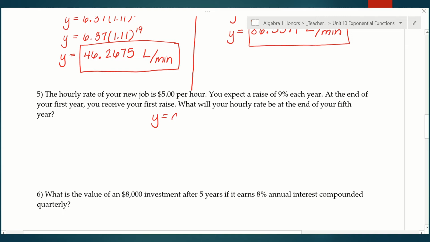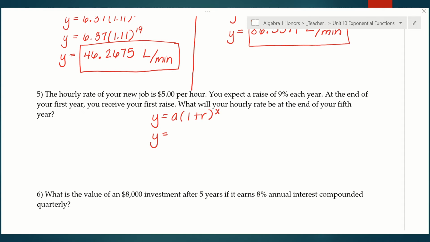So let's start with that. Now you guys are going to see sometimes I use X for my time and sometimes I use T. It doesn't matter. It's honestly whatever I feel like writing at the time, but just know that it always stands for your time in this kind of problem.